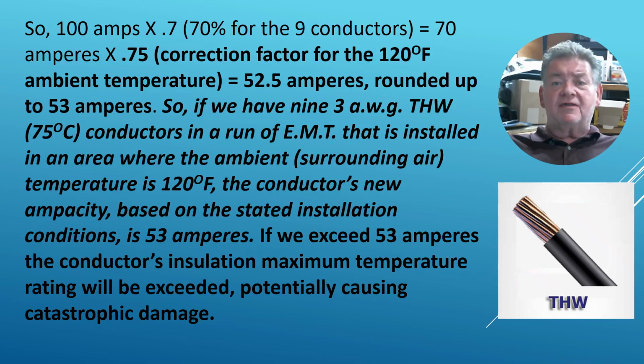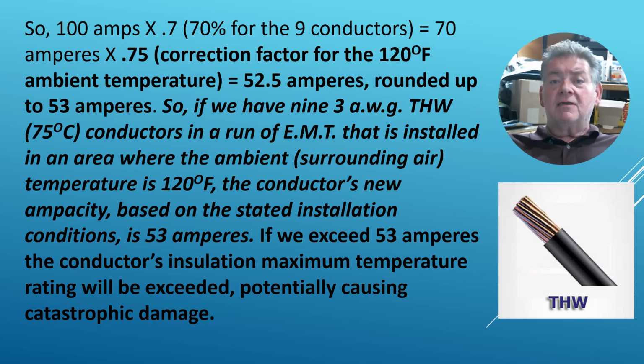The table's based on 3. We have 9 of them. 100 times 0.7 drops us down to 70 amperes. But now, because the wiring is installed in an area where the ambient or surrounding air temperature will be 120 degrees Fahrenheit, we have to apply an ambient temperature correction factor.